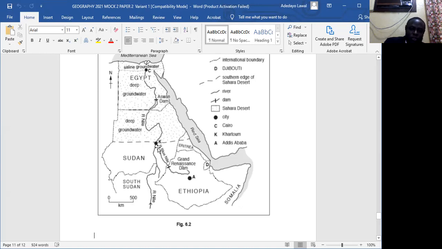And if the flow drops, it's going to affect Egypt, because Egypt relies heavily on River Nile for a lot of things. They rely on the River Nile for farming, for irrigation farming, and that is the bulk of the economic activities they do, and even for their own domestic use of water. So they will be opposed to it because it will prevent free flow of water into Egypt.